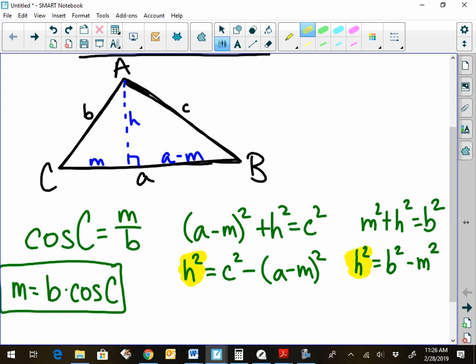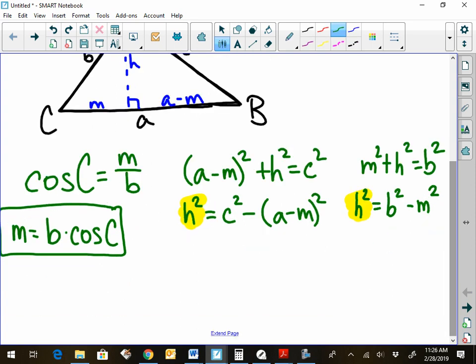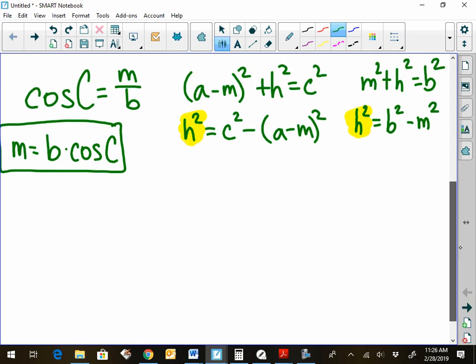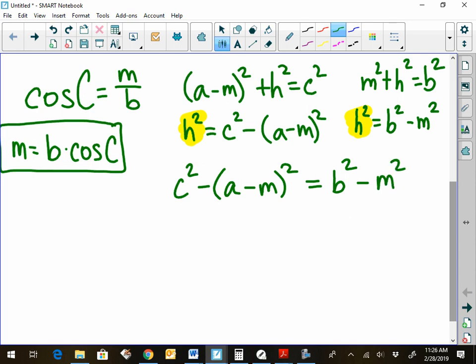So I could say c² minus (a − m)² equals b² minus m². I just set those two h² expressions equal to one another.